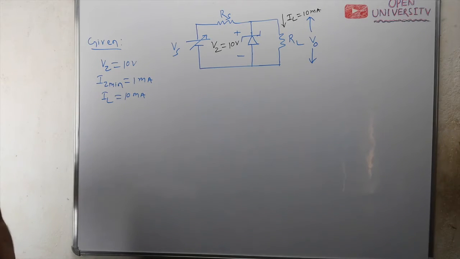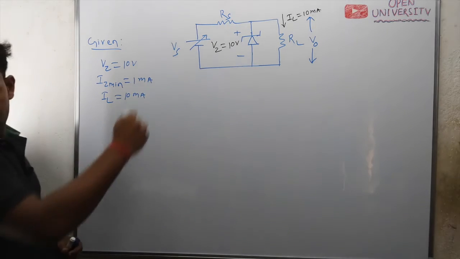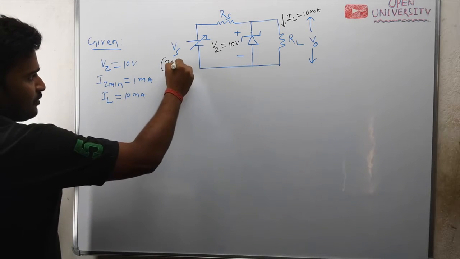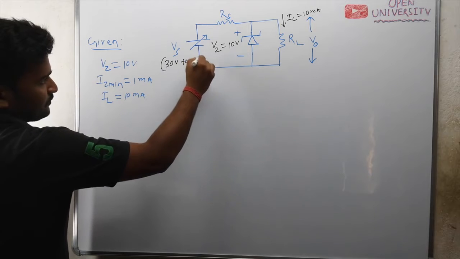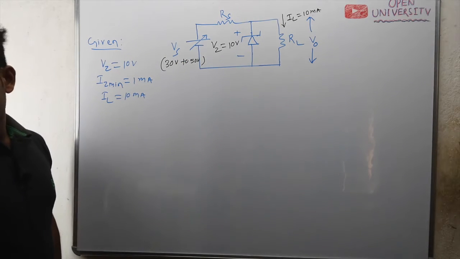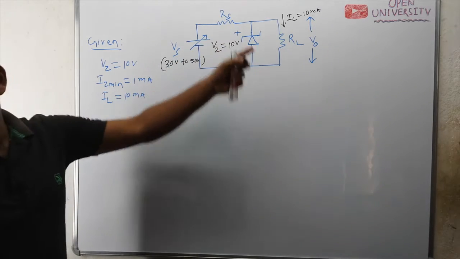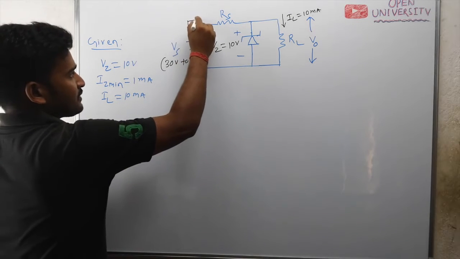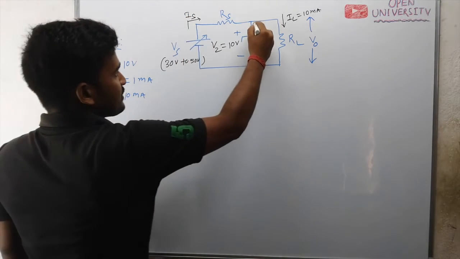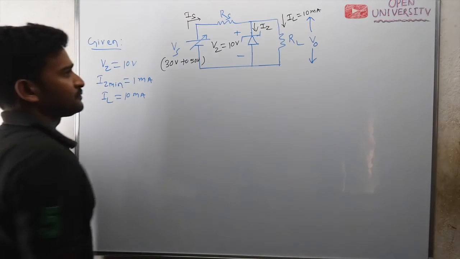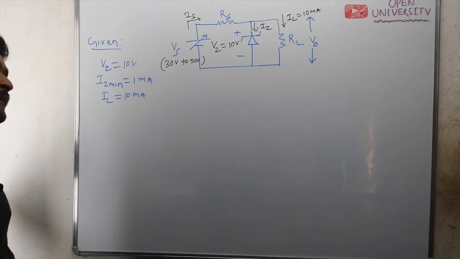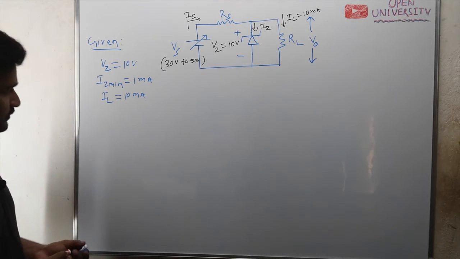If supply voltage is varied, if Vs is varying from 30 volt to 50 volt, then calculate the value of Rs such that output voltage remains regulated. See, this is your Is and this is your Iz. It is asked to find the value of Rs such that output remains regulated. Okay, these are the data given.